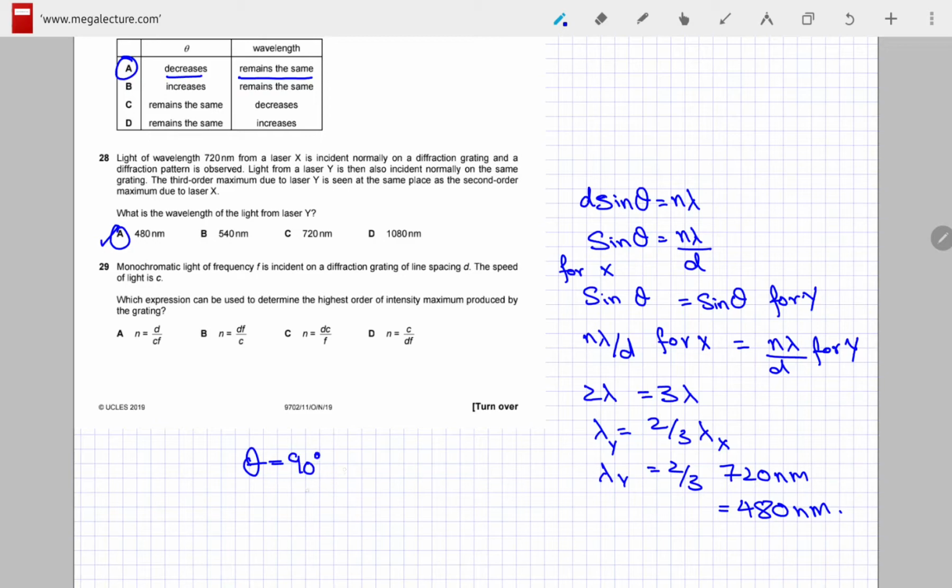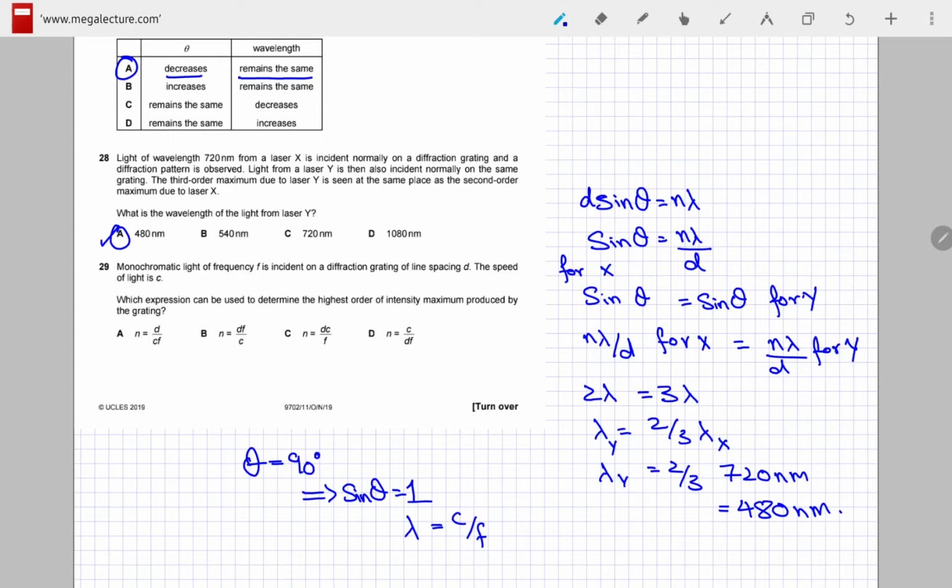So that gives me sine of theta is equal to 1, because sine of 90 is equal to 1, and you have lambda is equal to c by f, right?